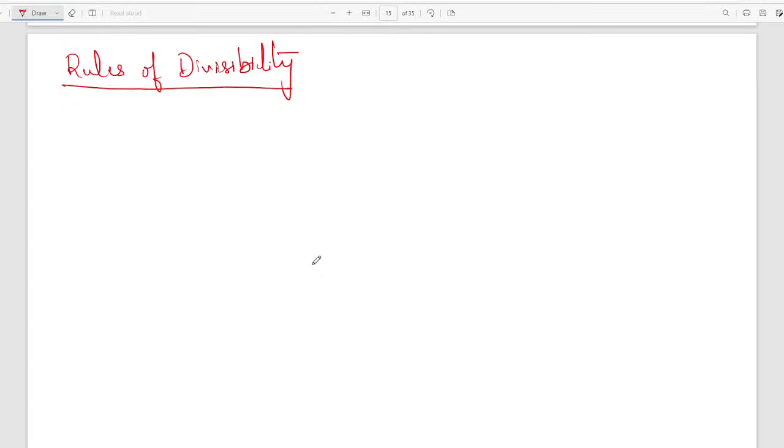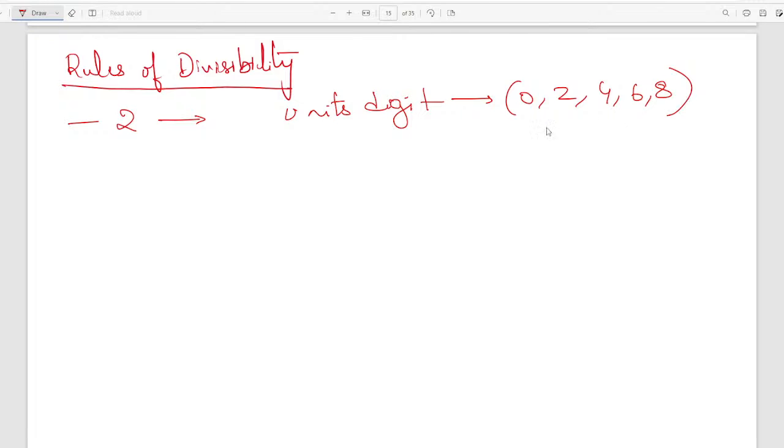Okay, we'll cover this last aspect here, the rules of divisibility. So we'll take one by one, the most common ones. If a number is divisible by 2, then the units digit of that number should be 0, 2, 4, 6 or 8.